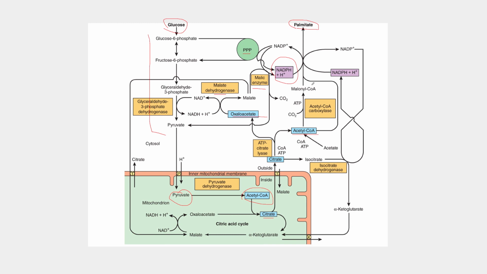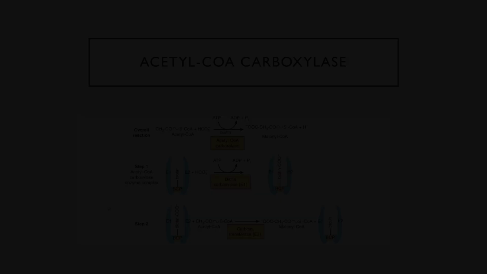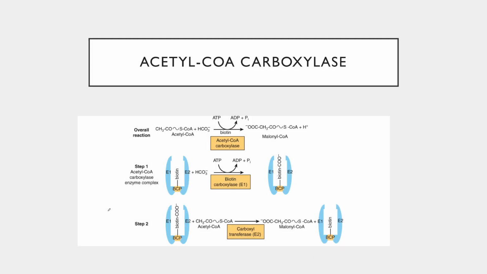So the first step of fatty acid synthesis after we have acetyl-CoA in the cytosol is the production of malonyl-CoA by our enzyme acetyl-CoA carboxylase. So the process of fatty acid synthesis starts with the carboxylation of acetyl-CoA to form malonyl-CoA.